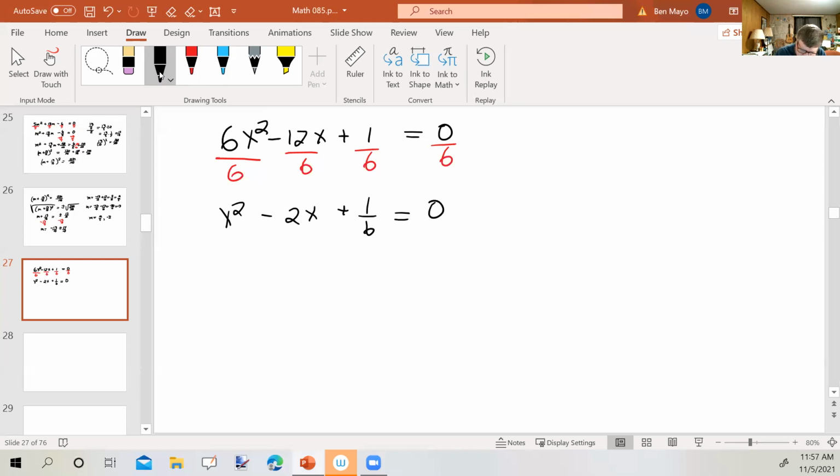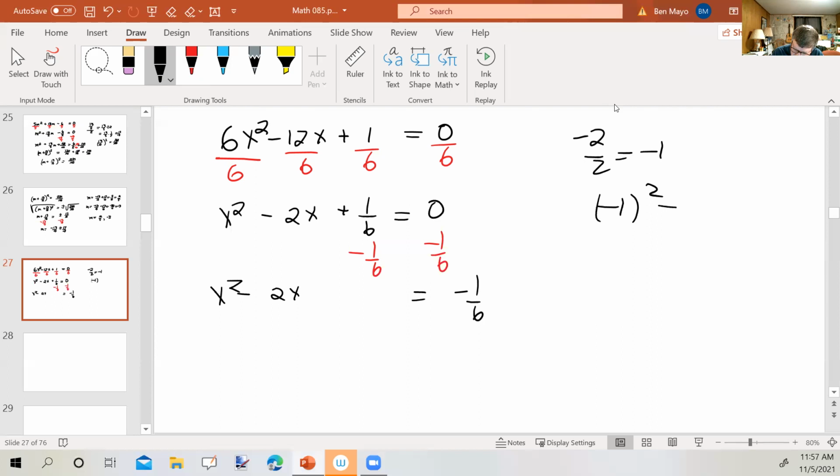Next, move the constant term, whatever it is, to the right side of the equation. Again, don't forget to leave a gap to put in that next number we're going to find. Now, take the coefficient of x, in this case -2, divide it by 2, square the result, and add that to both sides of the equation.